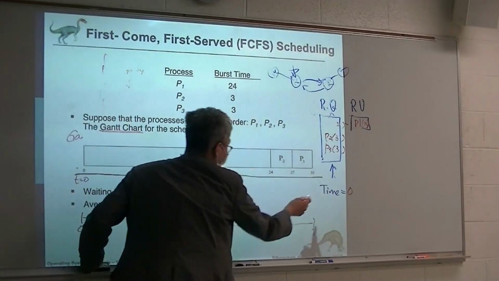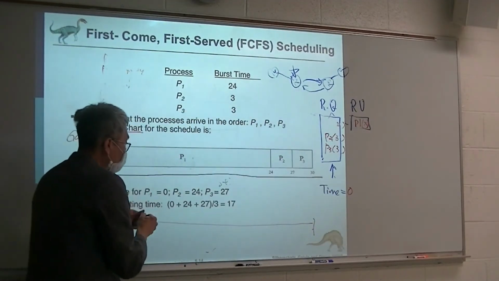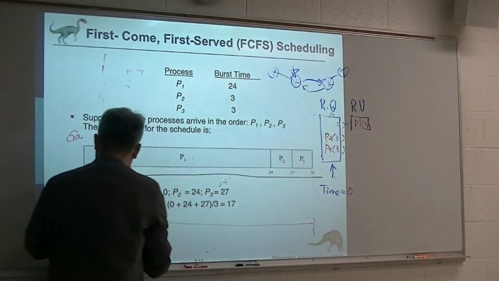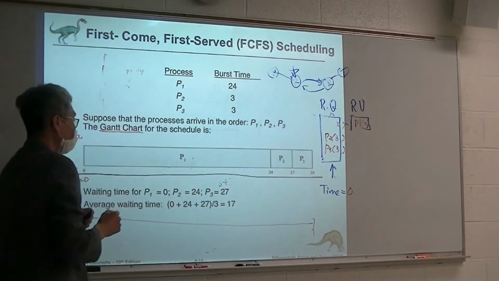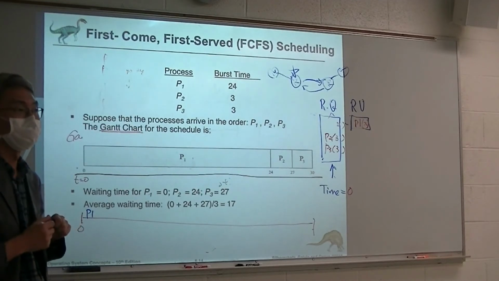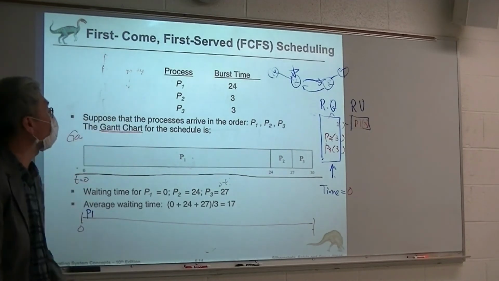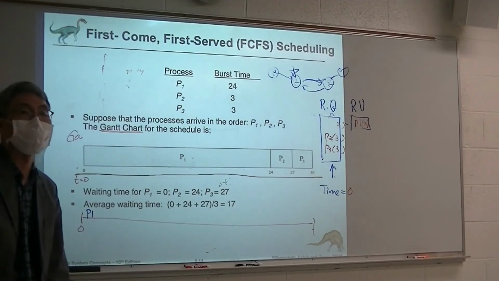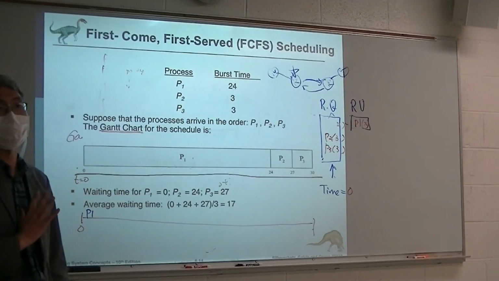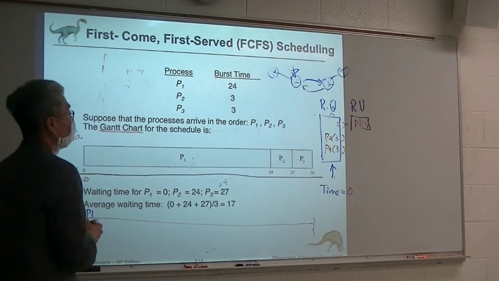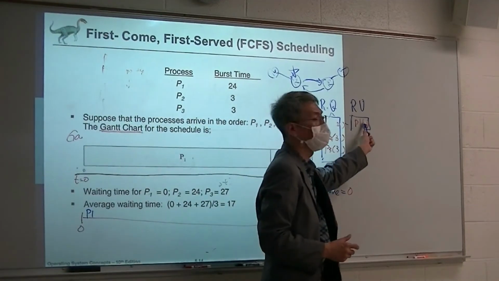At time 0, we can select P1. P1 is selected. This is non-preemptive. First come, first serve is non-preemptive, which means once it is selected, it should be terminated. How long? 24.